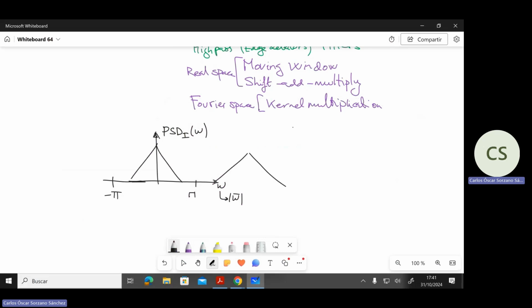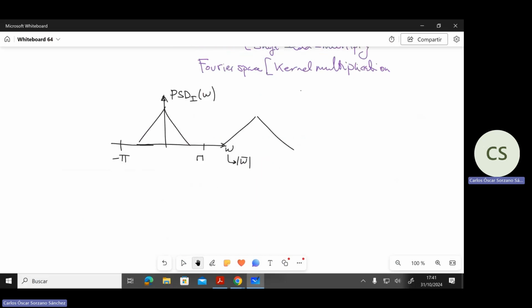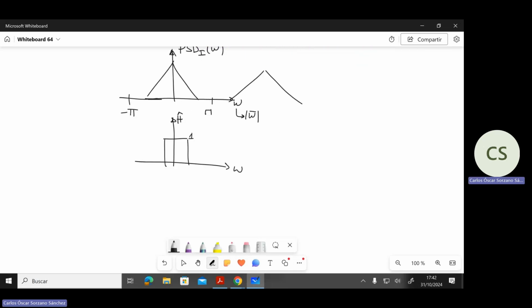So we multiply this by the kernel. This could be a low-pass filter, or it could be the one shown in the slide, and it's something like this.